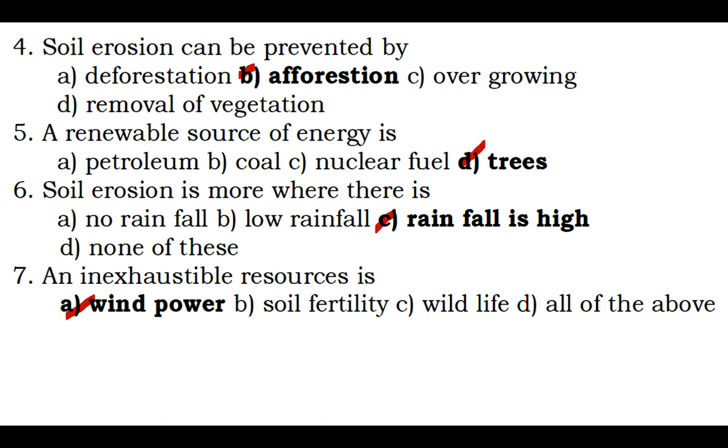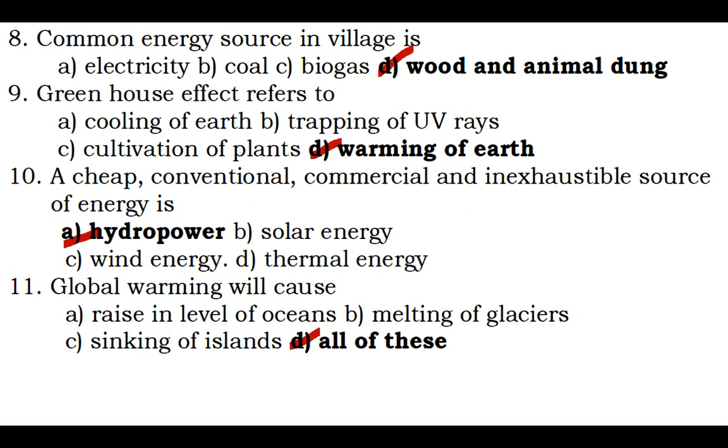Question number 7. An inexhaustible resource is. Option A, wind power. Question number 8. Common energy source in villages. Option D, wood and animal dung. Question number 9. Greenhouse effect refers to. Option D, warming of earth.